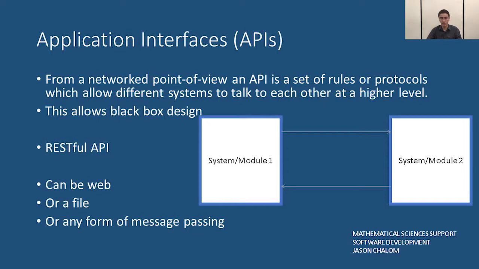The layer in between these systems, the space where the arrows occur, is the application interface. This allows for black box design, so as long as you know what that interface requires to get input or to get output, then you know how to interface with that other system or module, and you don't need to understand how that module works from the point of view of the module you're programming.